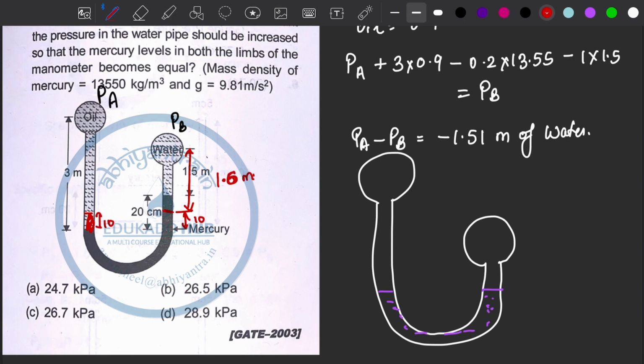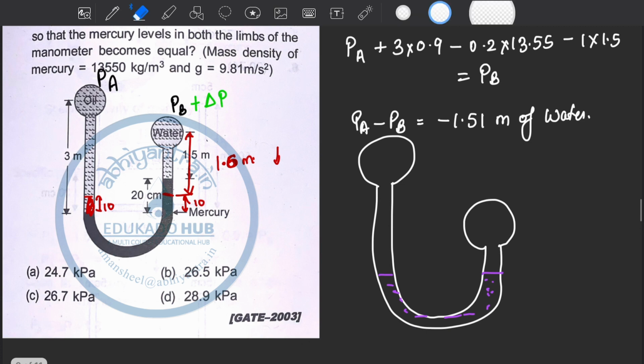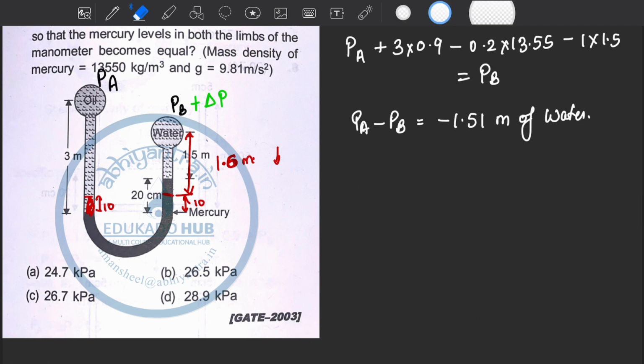And because mercury level is going down from here, we definitely increased some pressure, so I can say PA plus del P, right? Okay, now let's calculate the thing. I have drawn this in here only.